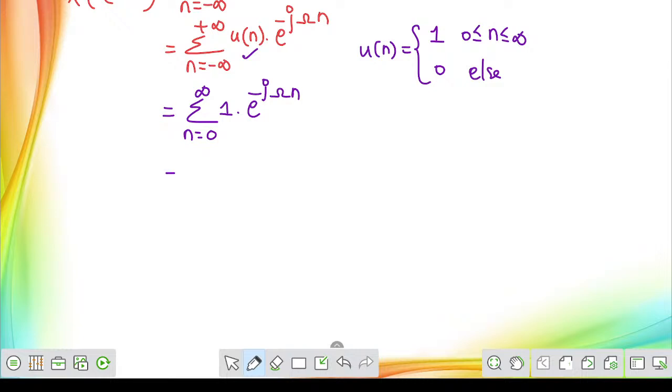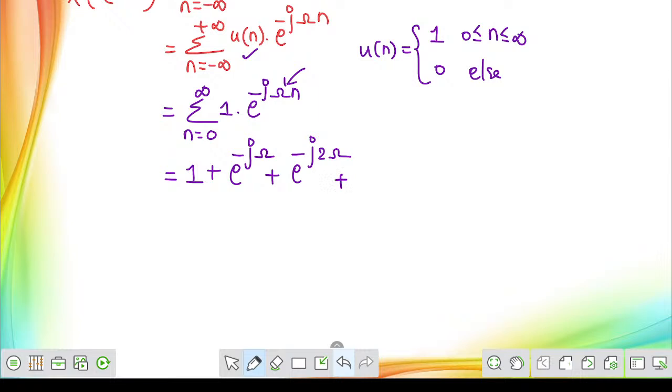Let's continue. Now if we substitute the values for n in e power minus j omega n, let's see what will happen. Keep n equal to 0, what will we get? If I put n equal to 0, I will get 1, since e power 0 becomes 1. If you put n equal to 1, you will get e power minus j omega. If you put n equal to 2, you will get e power minus j times 2 omega.